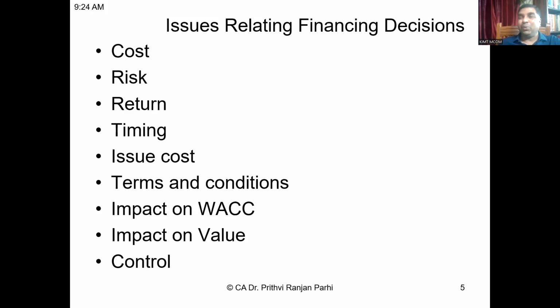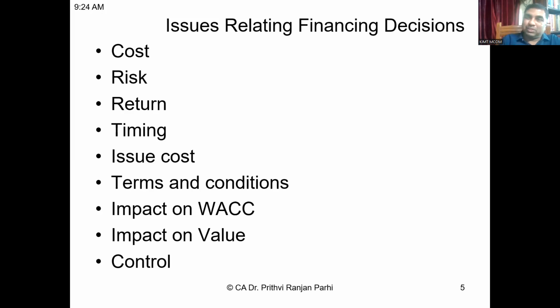Again, I said time, when it is repayable. Let us say you're taking a loan which is repayable after 6 months, and you feel that within 6 months you cannot generate sufficient cash flow to repay it. That means you are taking a huge risk. The timing is also important. When to borrow, when to repay. Again, I repeat, issue cost is also important. Suppose you want to issue equity shares.